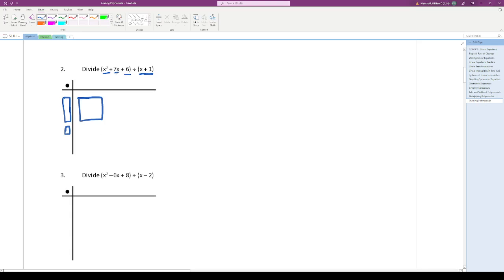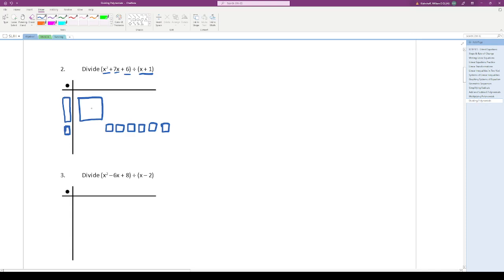The 7x, we'll see where that comes from in a minute, but let's look at our plus 6. We have a 1 here, and the only way we can make plus 6 would be to put 6 right here: 1, 2, 3, 4, 5, 6. We can't get any 1s up here since we're multiplying by x, or dividing by x.